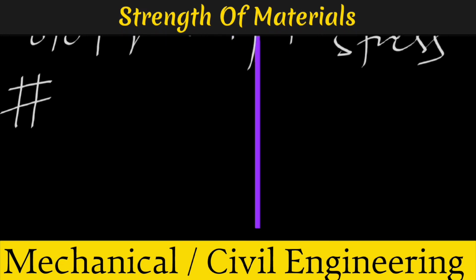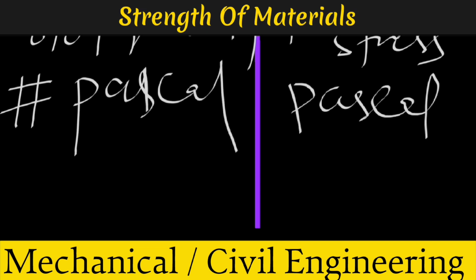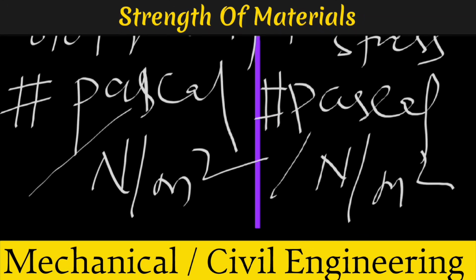The unit is the same in both. Here the unit is Pascal. Okay, the unit is the same in both, or we can say Newton per meter square.